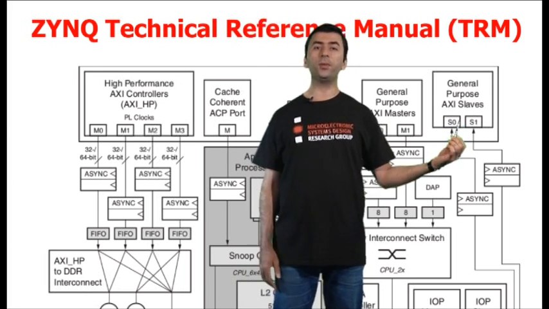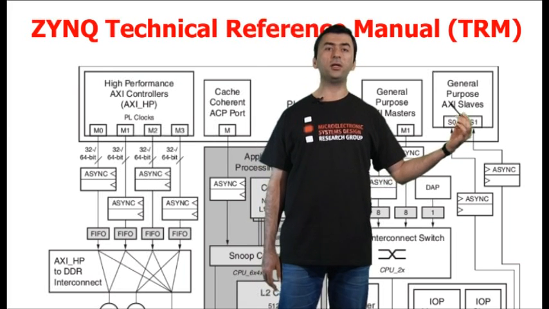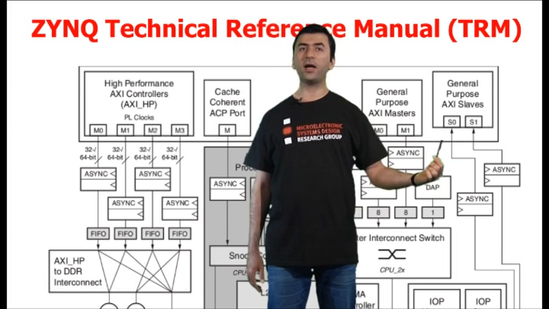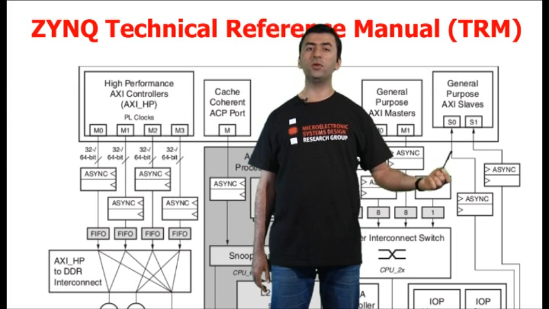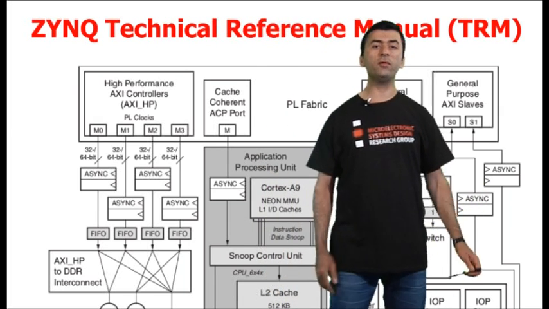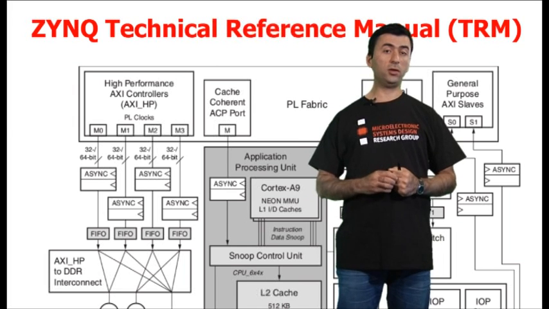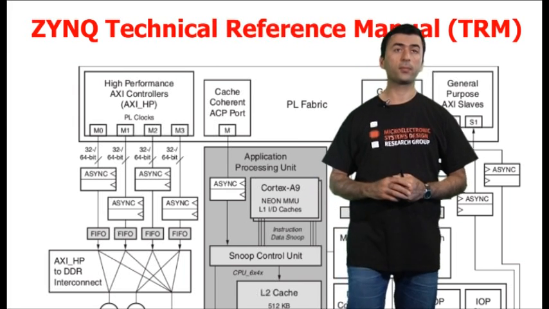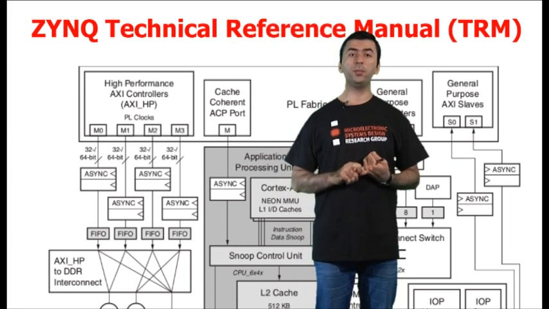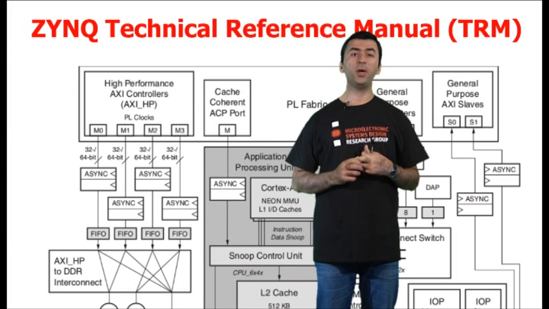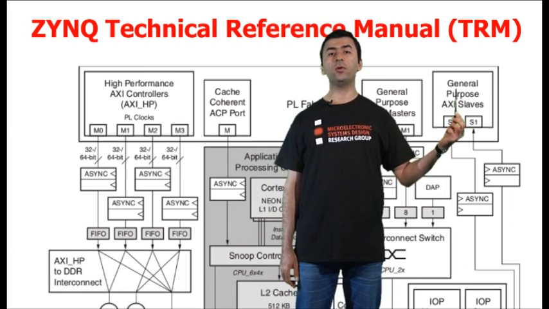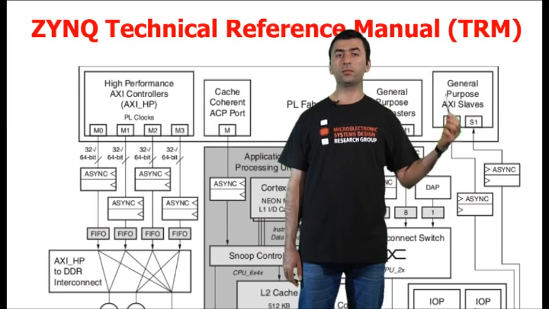So on the ZYNQ PL, I create hardware containing AXI slave blocks, and these can be connected to the GP0 and GP1 ports. As I showed you, these two ports are driven through the slave interconnect. And since the slave interconnect is driven by the CPU, by the DMA, and by the peripherals, each of them can also have access to the logic that you develop in the PL through these ports.